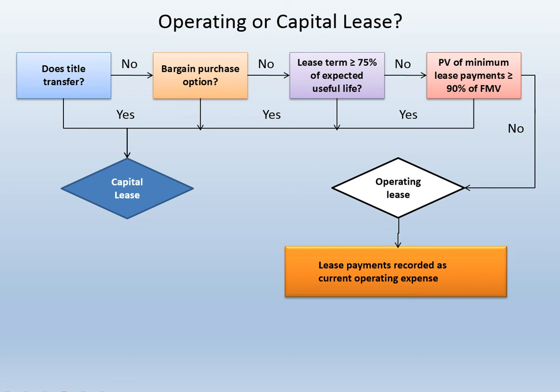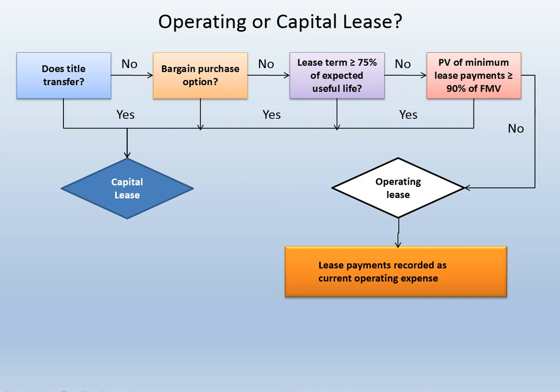So if title transfers somewhere along the lease contract, well, that's what happens when we buy an asset. If there's a bargain purchase option, in other words, we make some rental payments but then are able to buy the asset for significantly below fair market value, well, then that's kind of something that would potentially happen when we purchase an asset.